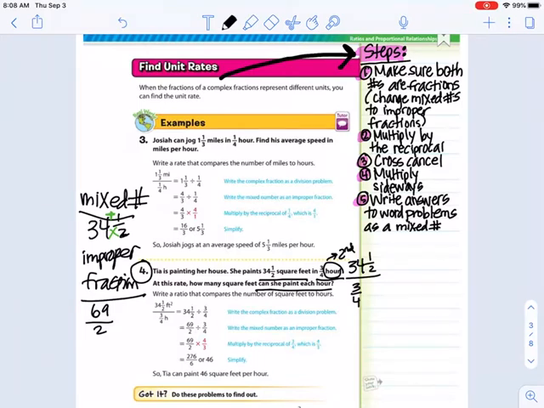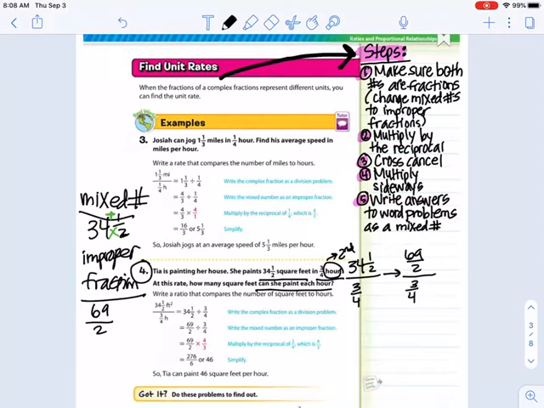An improper fraction is a fraction where the top number, your numerator, is bigger than your denominator. Again, to go from a mixed number to improper, you multiply and then add, and your denominator stays the same. So the 34 1/2 is going to become 69 over 2.